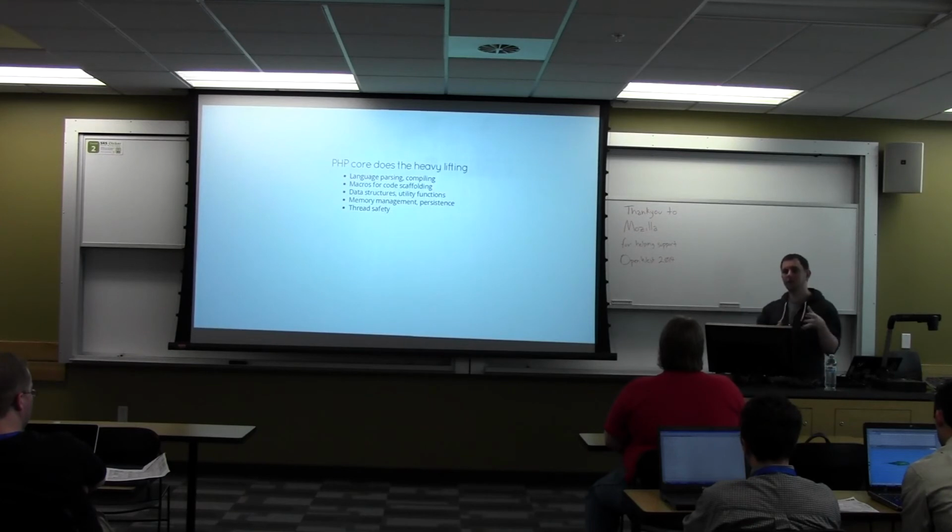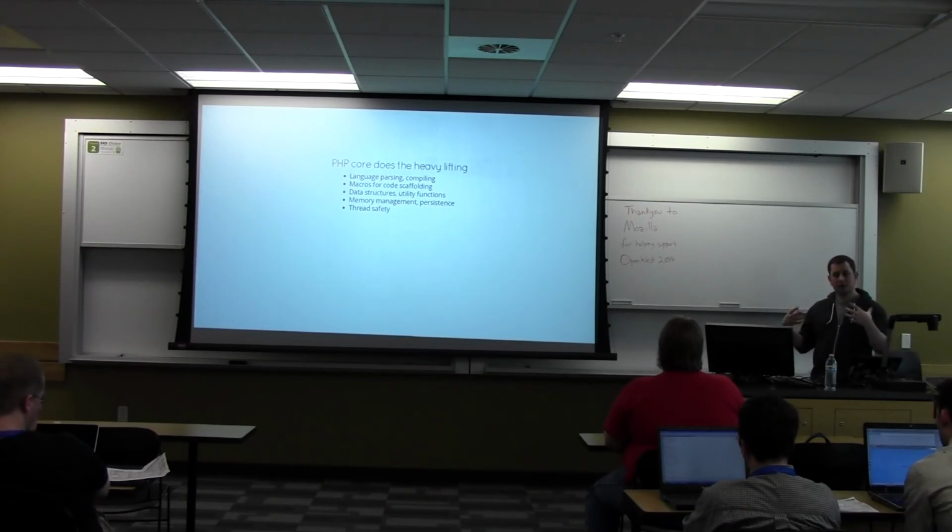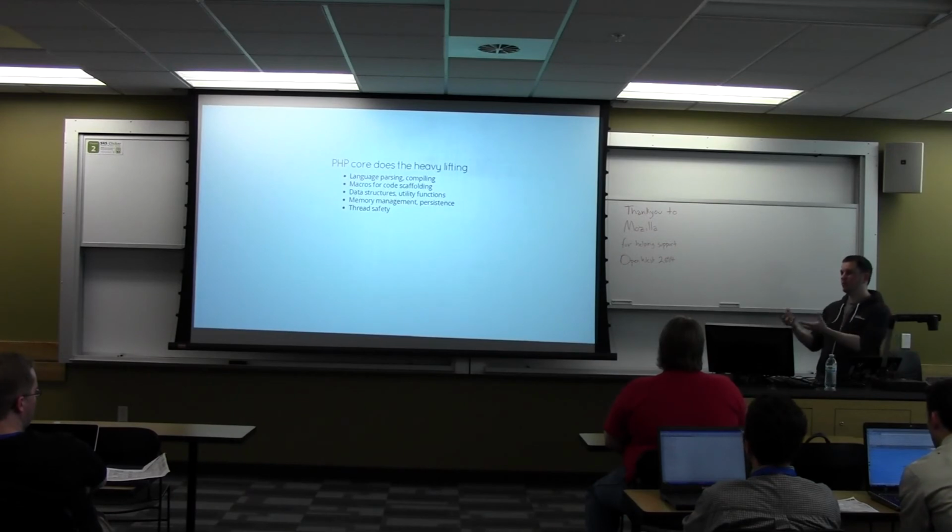These don't directly translate into C arguments or a C pointer. So PHP core provides a lot of macros: if I want to declare a function, I don't actually write the function declaration. I would say PHP_METHOD or PHP_FUNCTION, give it my function name, and then declare the braces and put my C code inside of it.